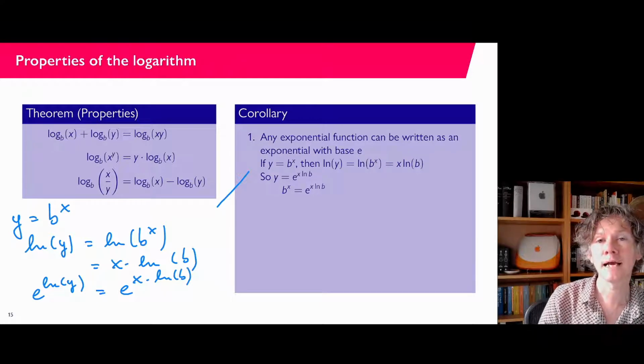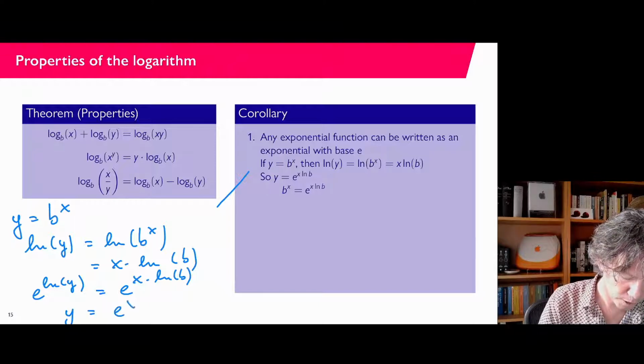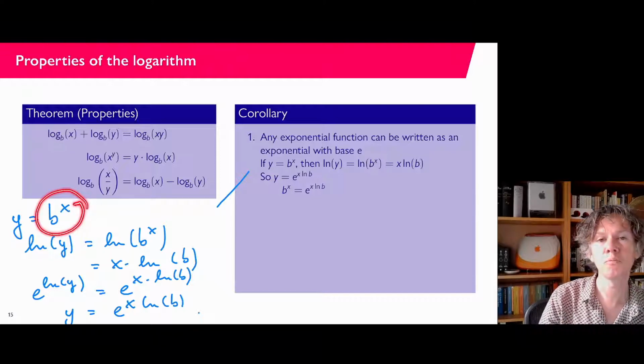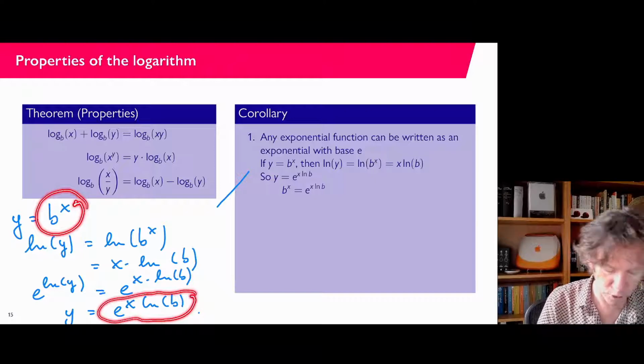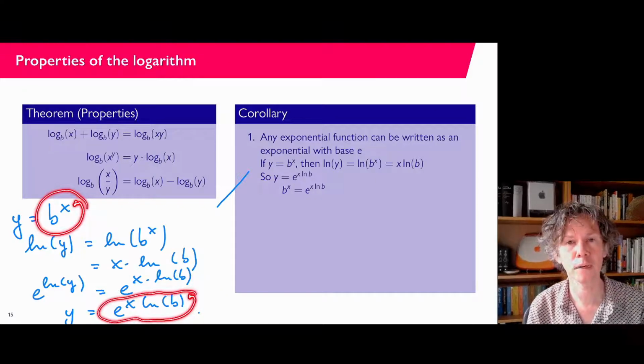E to the power ln y, e and ln are each other's inverses, so I find that y equals e to the power x ln b. So apparently a general function b to the power x, with these intermediate steps, you can write as an exponential function with e as a base, and this is how you can derive that.